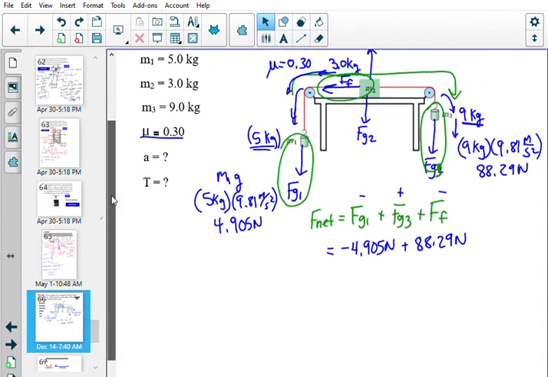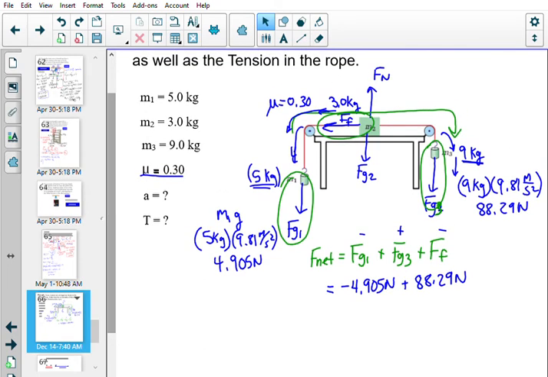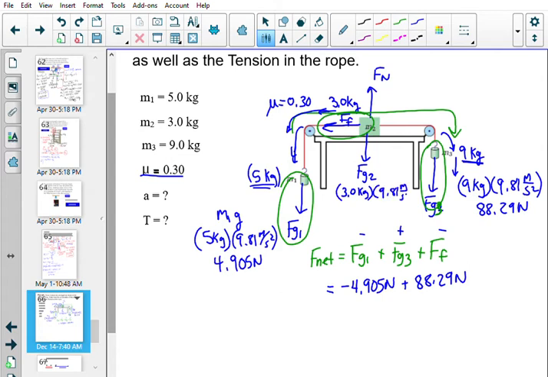Friction, if I do it up here, I'm going to need to get Fg2, which is mass 2, 3 kilograms, times gravity, 9.81. So 3 times 9.81 was 29.43 newtons. That means Fn is 29.43 newtons.